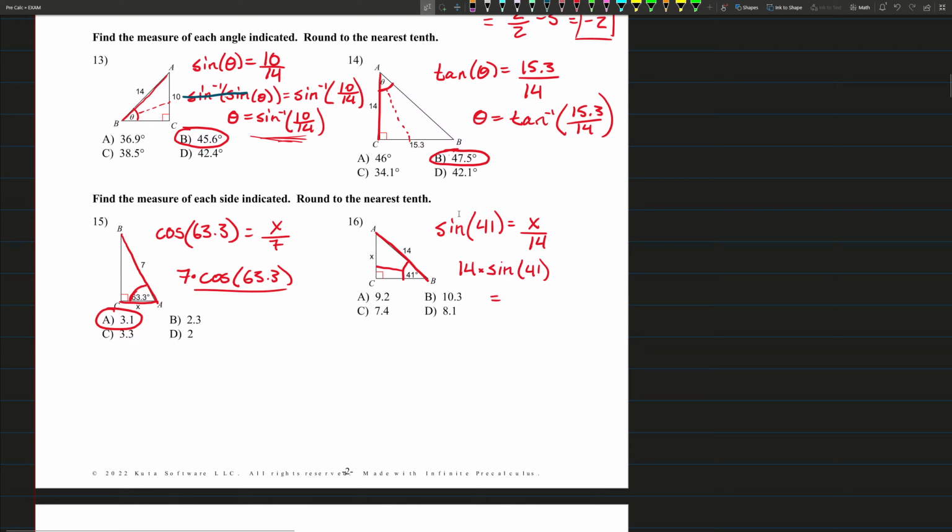That gives us 9.2. That's all we have to do.